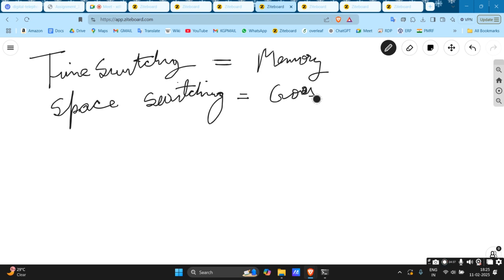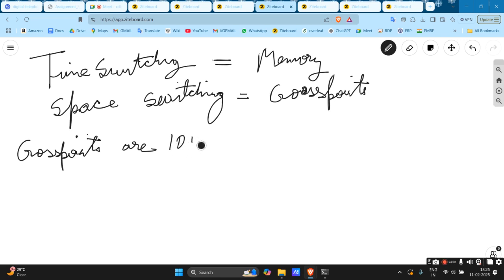Now, it is hypothesized that cross points are 100 times more costly to make than memory.